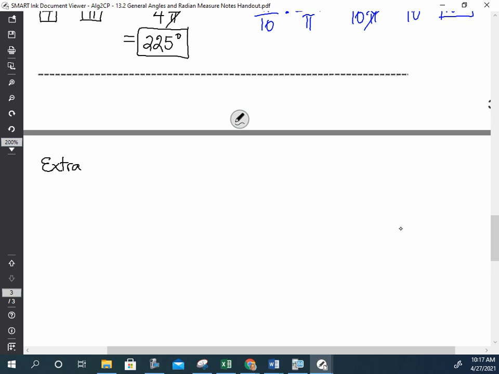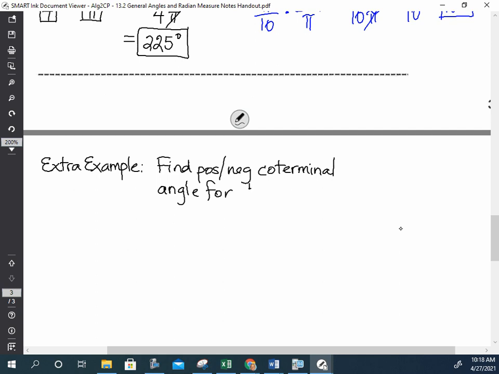Sterling, you can put it on the back of your notes page. Find the positive and the negative coterminal angle for 4 pi over 5.